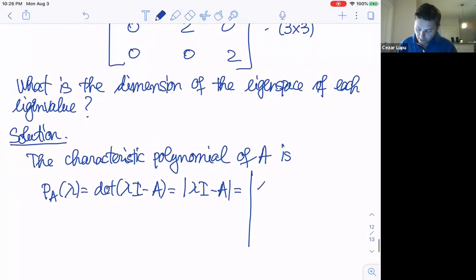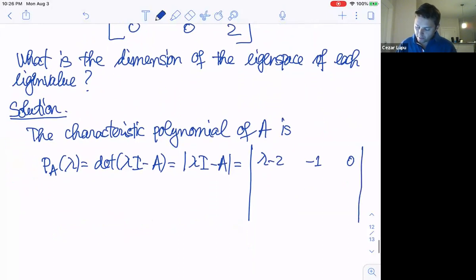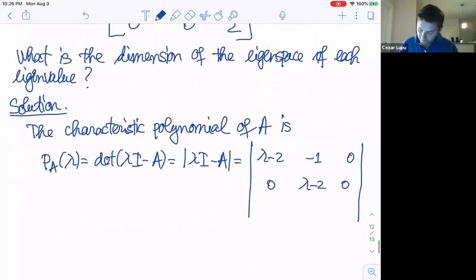So this is the determinant of the matrix with rows: lambda minus 2, negative 1, 0; then 0, lambda minus 2, 0; and the last row 0, 0, lambda minus 2.